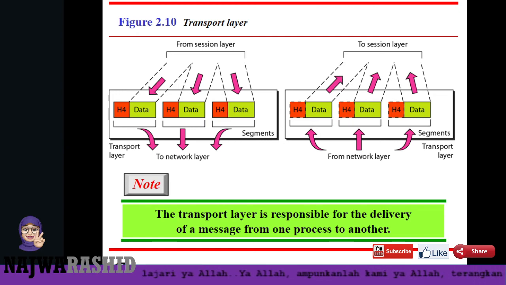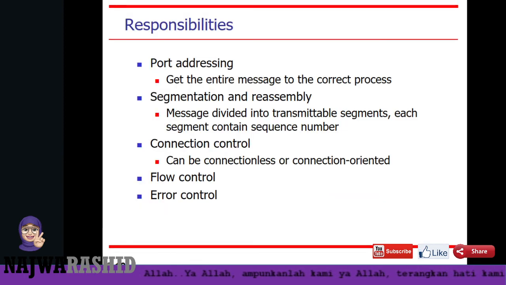Network is source to destination, transport is for the whole message. Network is source to destination of each packet. Transport is the whole message, from one process to another process.